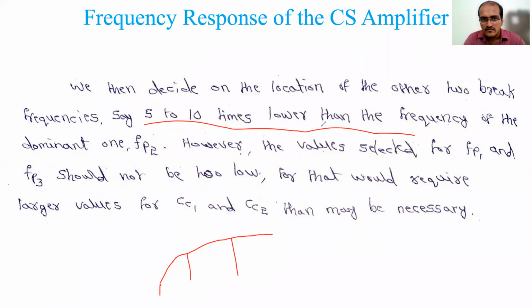However, the values selected for FE1 and FE3 should not be too low, because that would require larger values for CC1 and CC2. If you consider a very low frequency, the capacitor value becomes large, which is a problem. So you should have a balance in selecting these values.